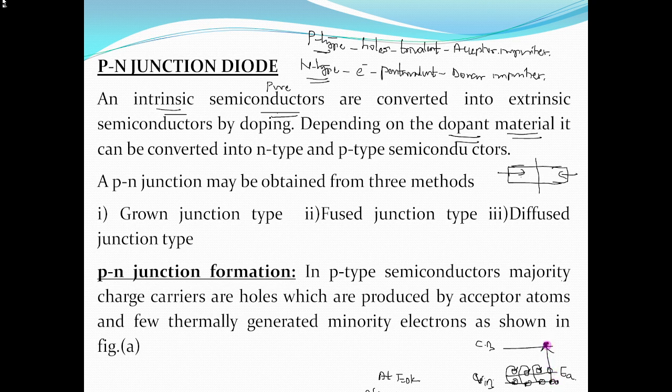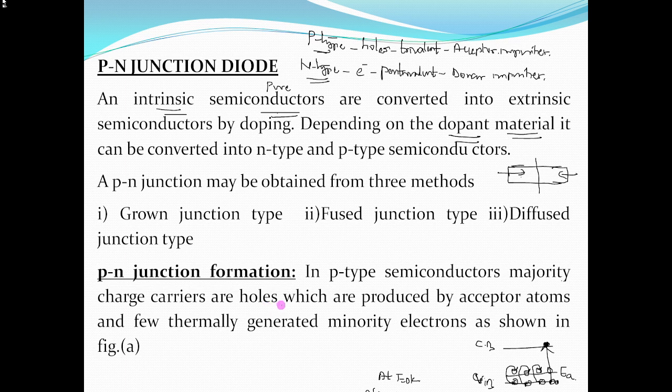So we find electrons in the conduction band after giving temperature. Compared to holes in the valency band, there are very few electrons in the conduction band. That's why holes are majority charge carriers and electrons are minority charge carriers.